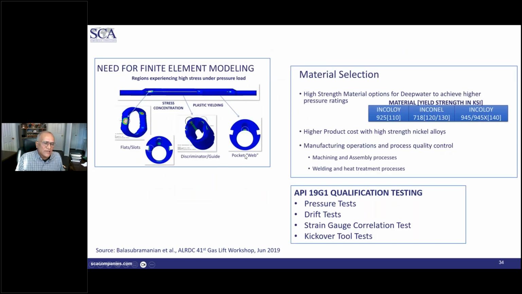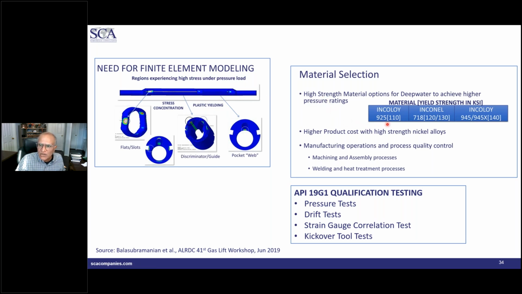By the way, I'm giving the sources at the bottom, where I'm taking this from. They have to conduct a significant amount of finite element modeling of what one would consider a traditional side pocket mandrel.